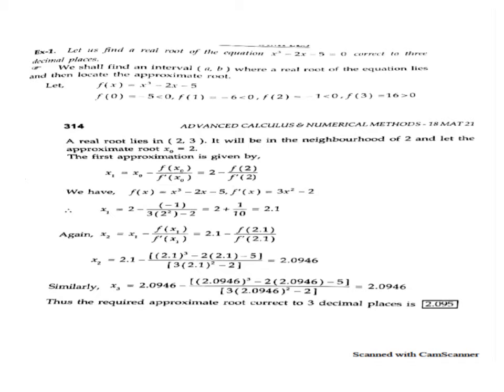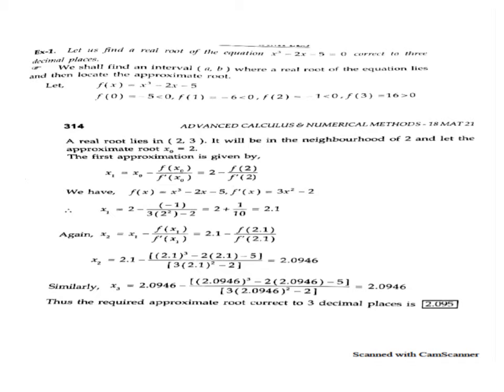Now we are going to use this x1 value as the iteration value for the second one. So x2 equals x1 minus f of x1 divided by f dash of x1. So we have to use the answer of the first step in the second iteration.